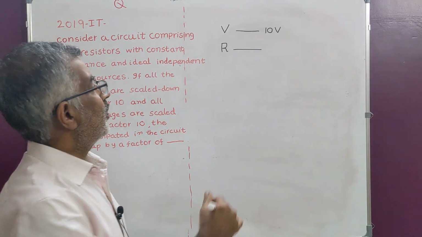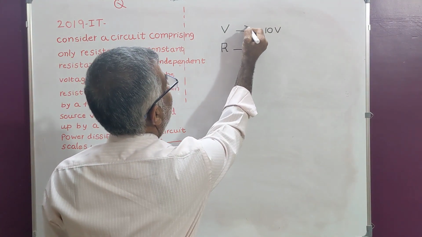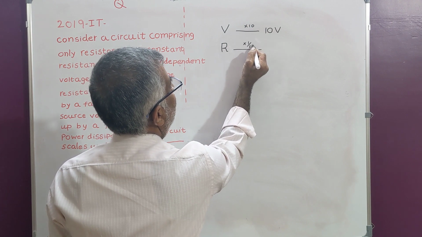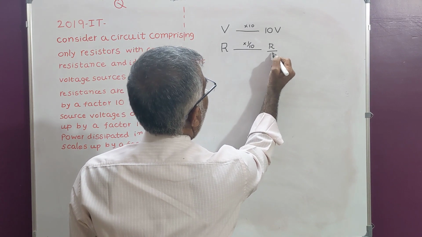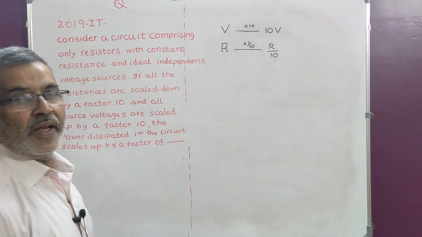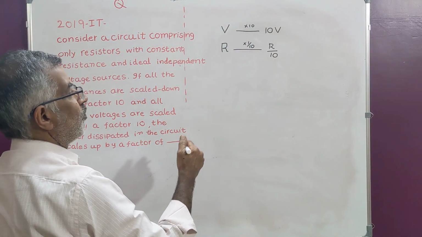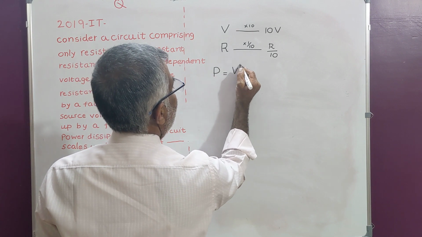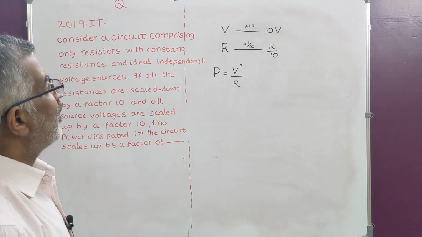R is scaled down by a factor 10, so it becomes R by 10. Now that is scaling up, scaling down. What is the expression for power? Power is equal to V squared by R.